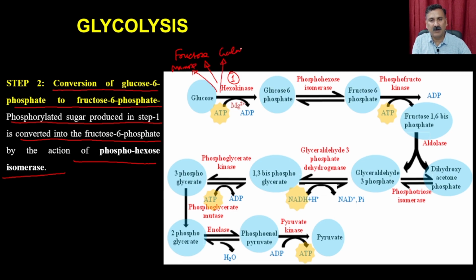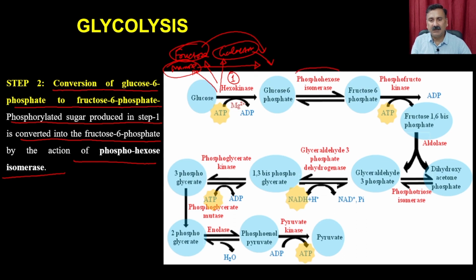Any of these sugars can be a starting material for glycolysis, and correspondingly it is going to form the 6-phosphate derivatives. For example, in the case of fructose, it forms fructose 6-phosphate. In the case of mannose, it forms mannose 6-phosphate, and in the case of galactose, it forms galactose 6-phosphate.